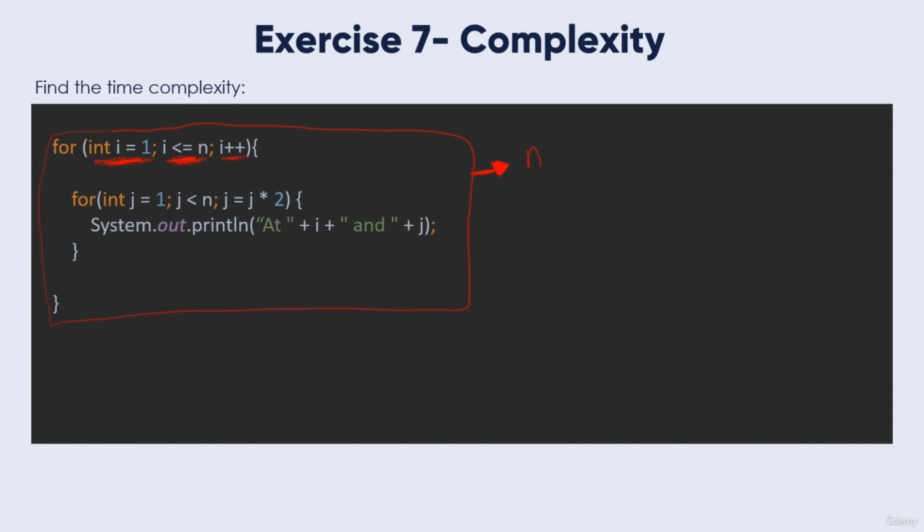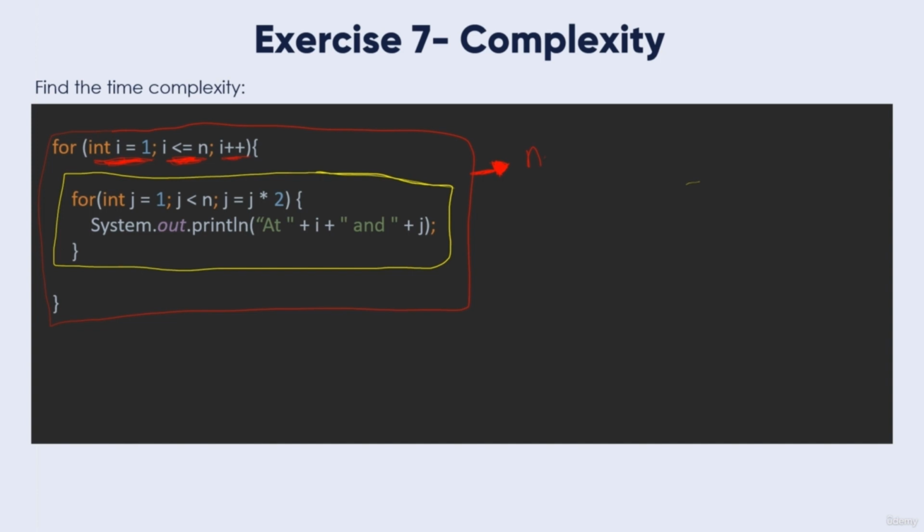Moving inside, talking about this inner loop, it is being executed n times. So it starts from 1 till n, and this is executed n times.